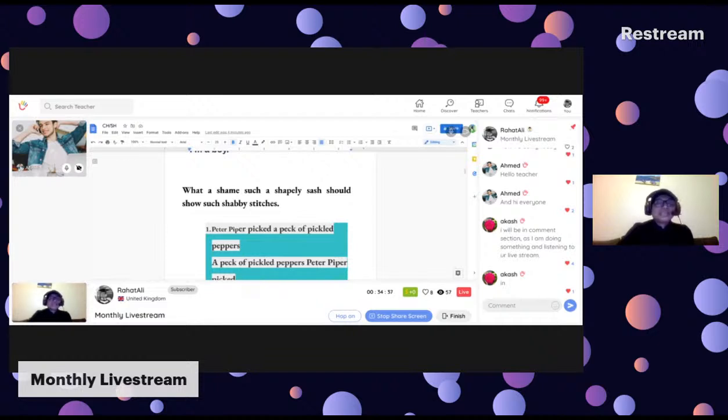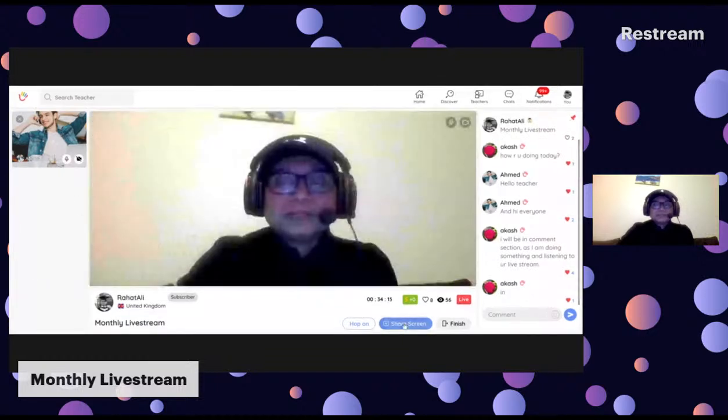Such a shapely sash should show such shabby stitches. Sash is a kind of, I think, I forgot. Let me check. A long, narrow piece of cloth worn around the waist and fastened at the back. Okay, let me show you what the sash means.